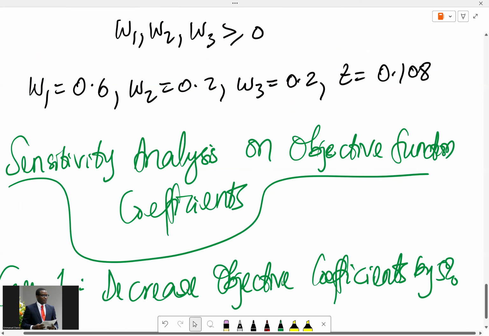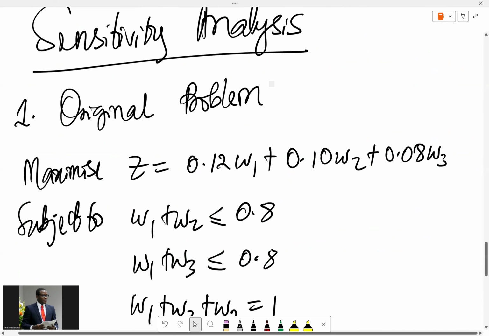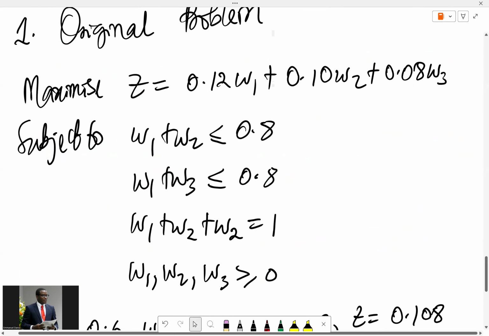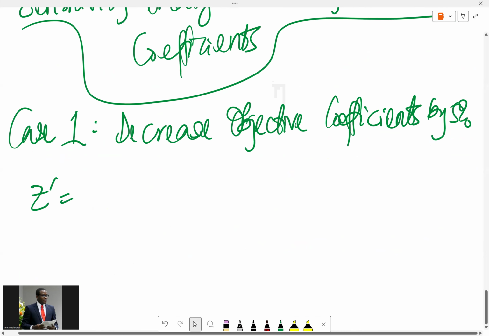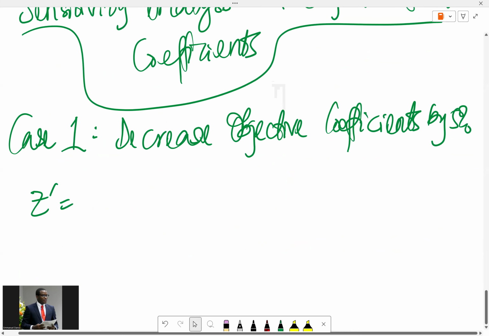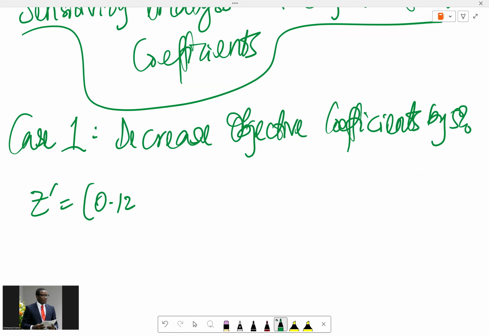So in that case, it means we have a new Z prime. The original Z is 0.12, 0.10, 0.08. So if we decrease by 5%, we are now going to have 95% of the coefficients. So the original 0.12, we now multiply by 0.95. By multiplying by 0.95, you have automatically decreased it by 5%, right?